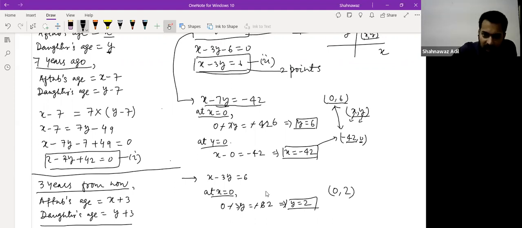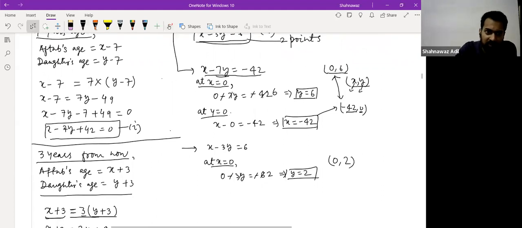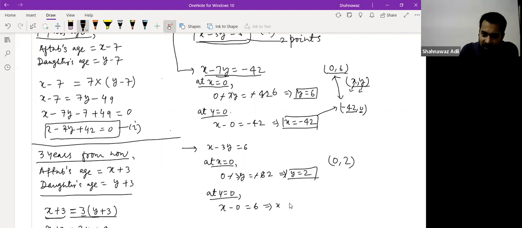And let's just calculate the second point. Here y is 0. So x minus 0 is 6. So x is 6, right?